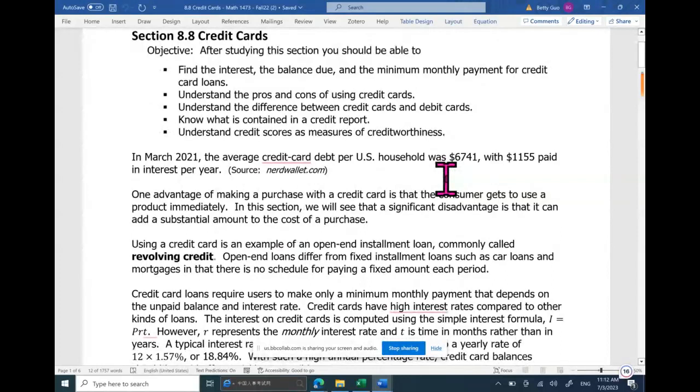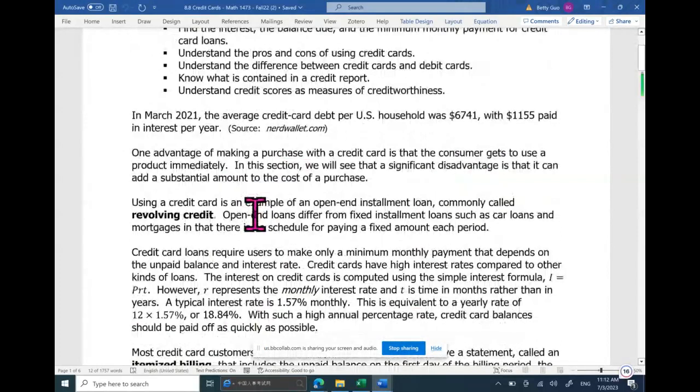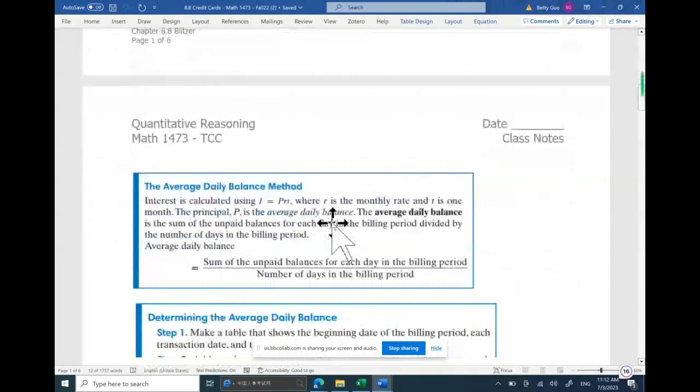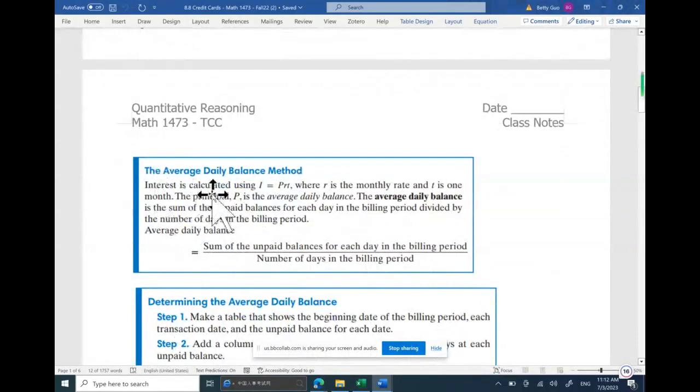And the focus of this video is to learn the average daily balance method. Okay, so let's look at the definition of the average daily balance. The average daily balance is the sum of the unpaid balances for each day in the billing period divided by the number of days in the billing period.